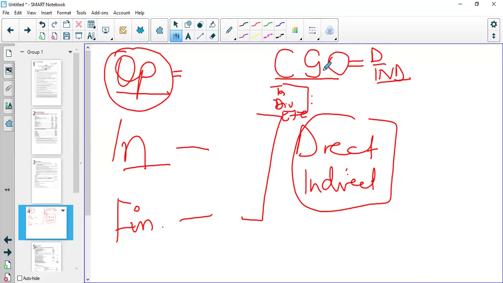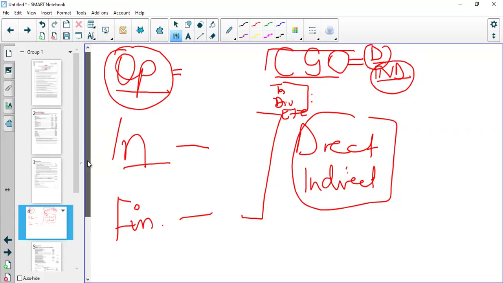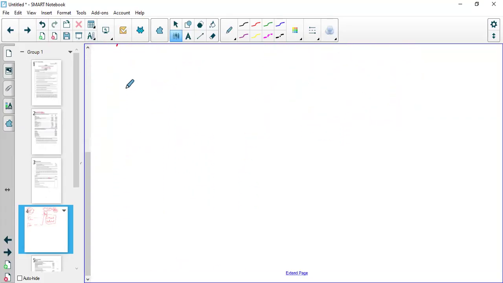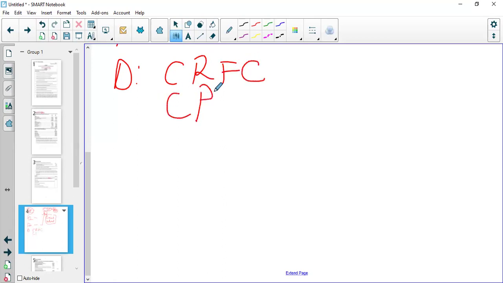Now, the section that says cash generated from operations, like we said, is the one where we can prepare using the direct method or the indirect method. The direct method will require you to disclose cash received from customers and cash paid to suppliers and employees.